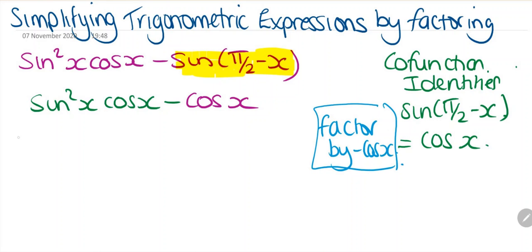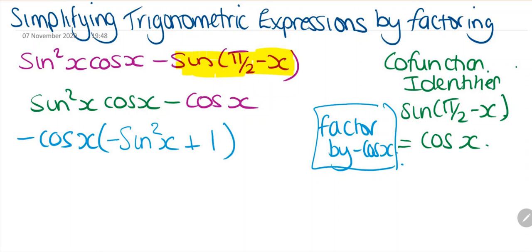If we do that, minus cosine of x, we need to multiply by a minus sine squared of x for it to be positive. And we've got cosine, so that'll be okay. And then for this to be minus cosine, we need to multiply by plus, so it's going to be plus 1.